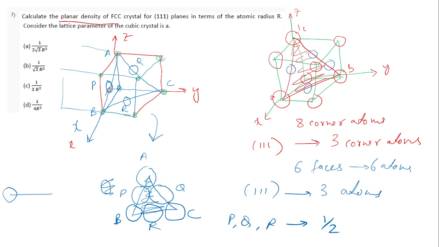The edge length, what is the edge length? The edge of the plane is a face diagonal actually. This is a face diagonal, this is also a face diagonal, this is also a face diagonal. That means each edge is root 2a, root 2a, root 2a.